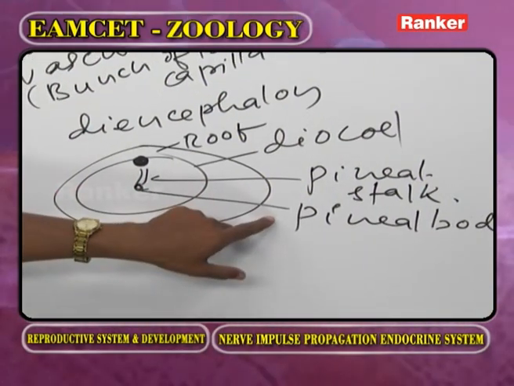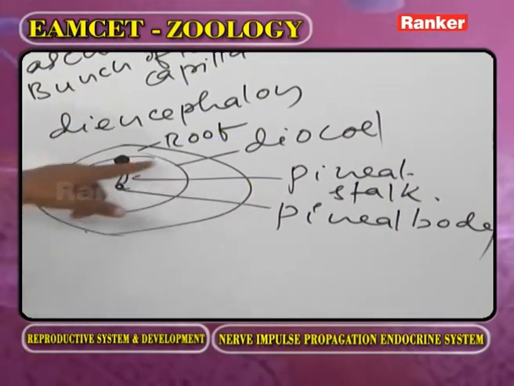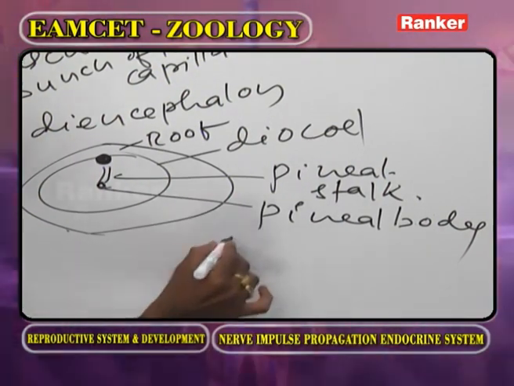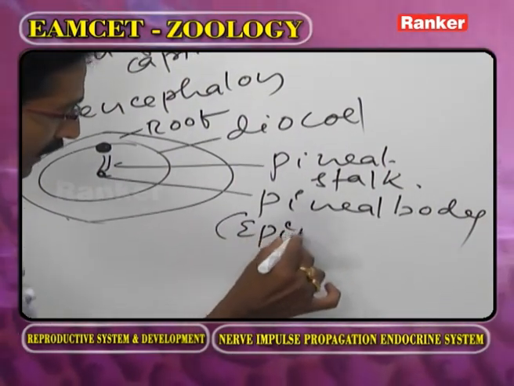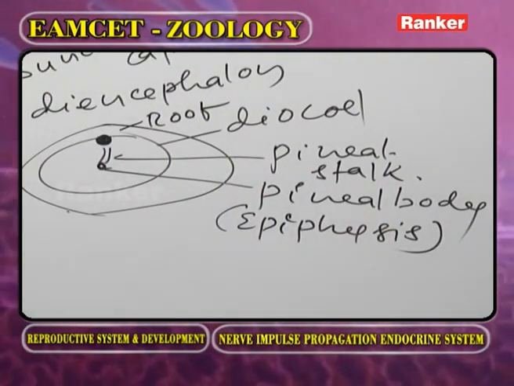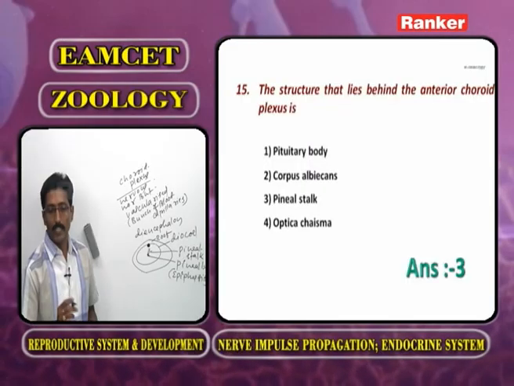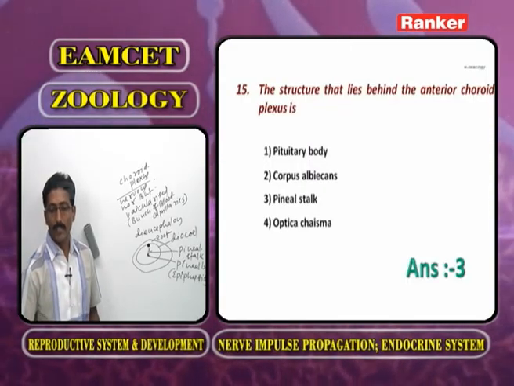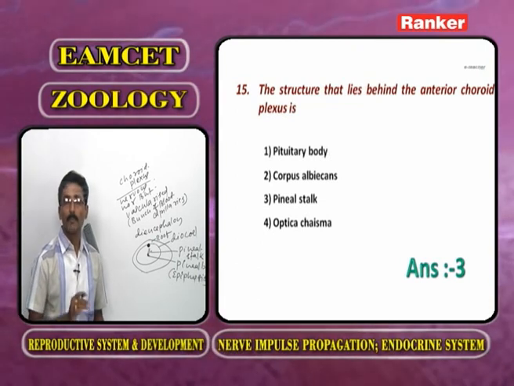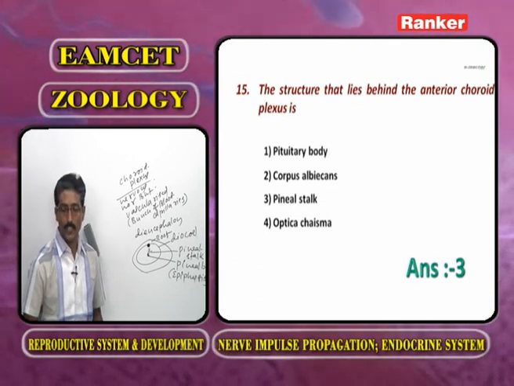The pineal body is present on the dorsal side, above diencephalon, so it is also called the epiphysis. Here the answer, the structure that lies behind anterior choroid plexus, is the pineal stalk. Now we go for the next question.